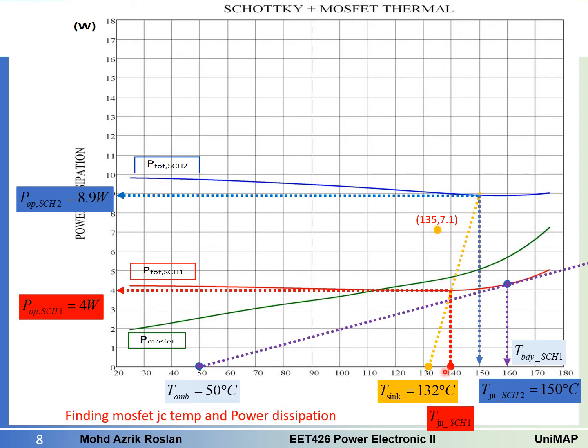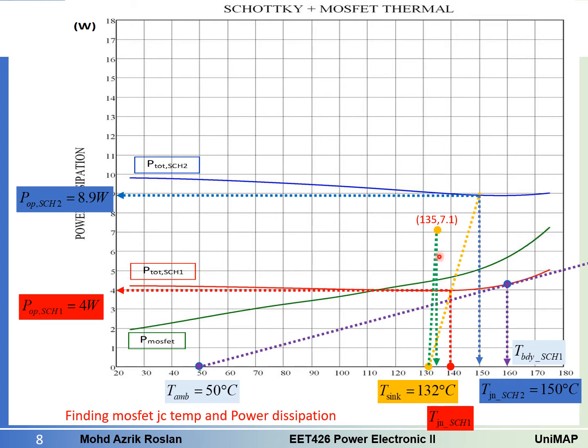So you have to draw a straight line from here to this point. This is the slope of 0.42 degrees C per watt. So what we will use after that is we draw a straight line from this point to here, and then we will cross one point at this Mosfet curve.